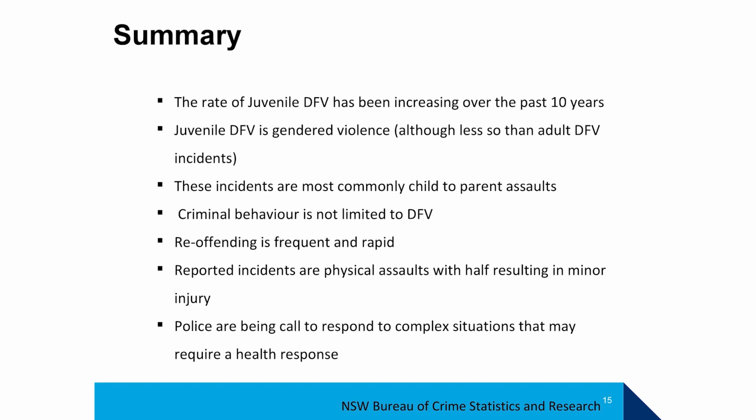Those who reoffend do so rapidly, and reported incidents are generally physical assaults, with half of them resulting in minor injury. Police are being called to respond to these complex situations that may also at times require a health response.